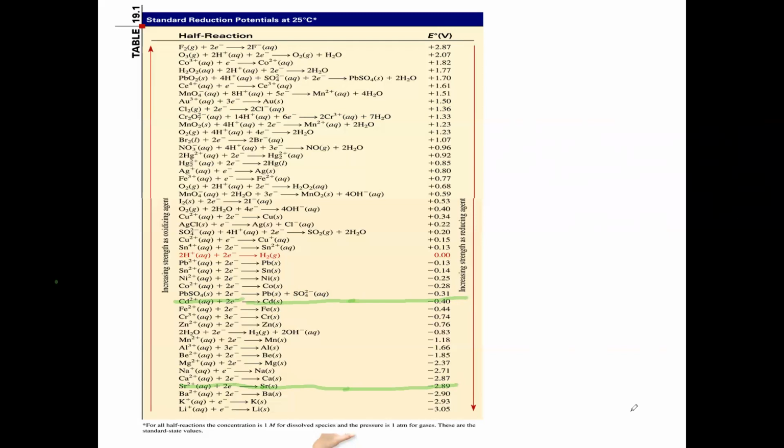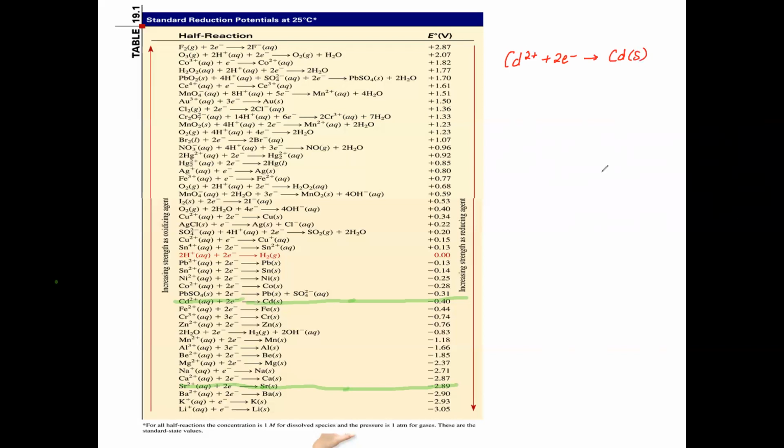Yes. Okay, again Dhruv is answering. What about the rest of you? Which one has higher reduction potential? In the galvanic cell, that's going to behave like a cathode. So Dhruv is right. Cadmium 2 plus to cadmium solid.